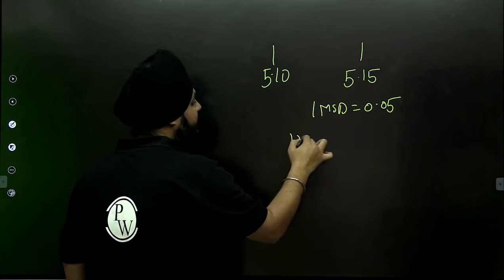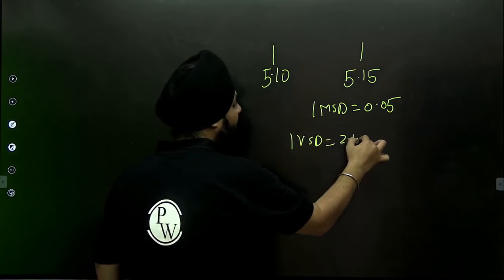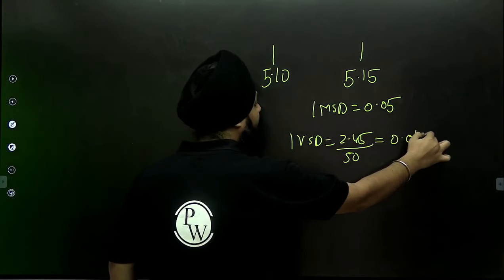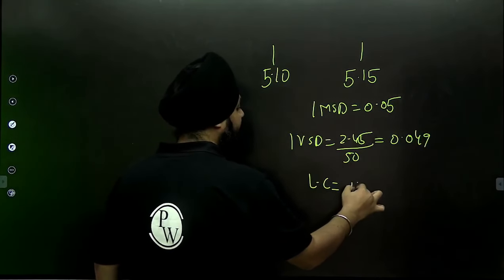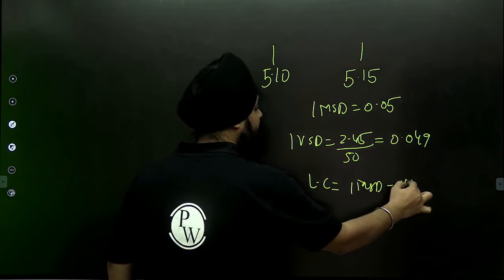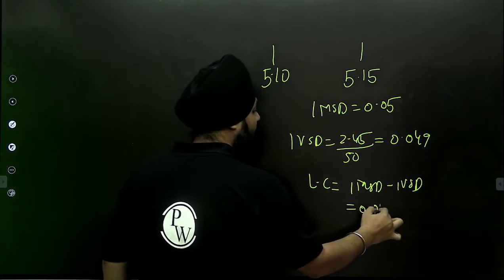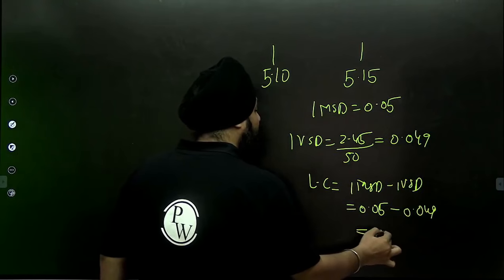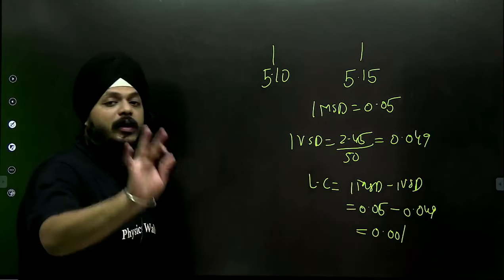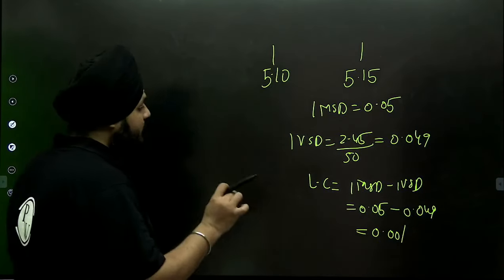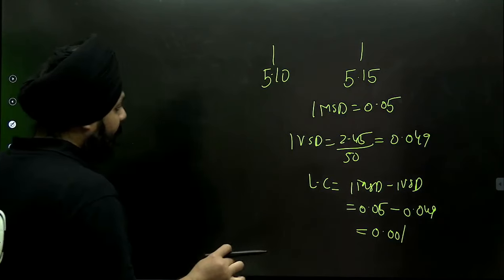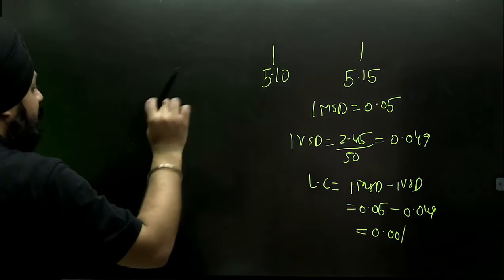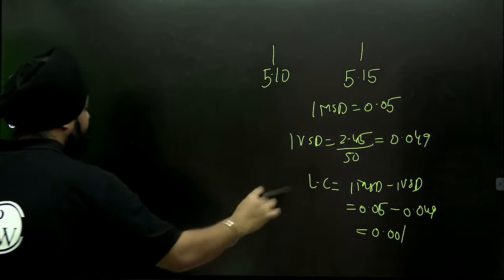Now 1 VSD we need to calculate: 2.45 divided by 50, so it is 0.049. So least count will be 1 MSD minus 1 VSD, which is 0.05 minus 0.049. It is 0.001, I'm sorry, extremely sorry.